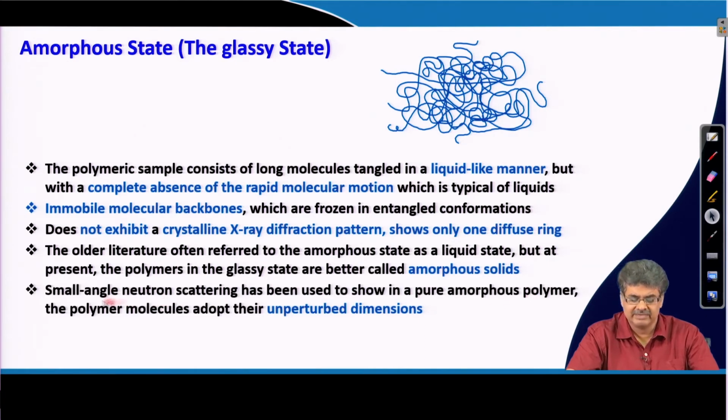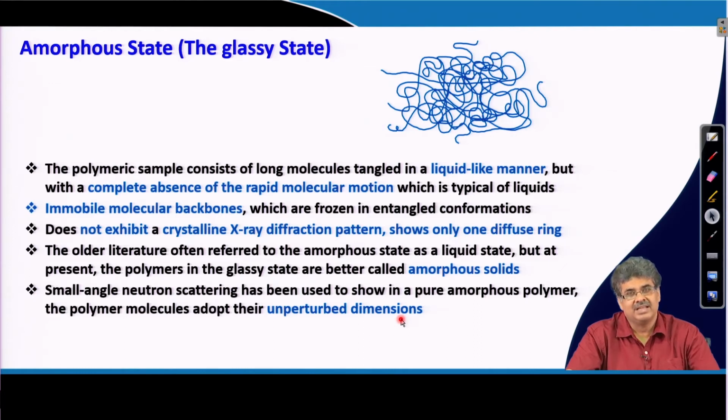Small angle neutron scattering, this is very important, has been used to show that for a pure amorphous polymer, the polymer molecules adopt their unperturbed dimension. We talked about different dimensions like end to end distance with increasing restriction, and we talked about unperturbed dimension there.